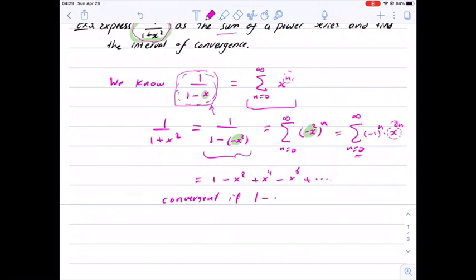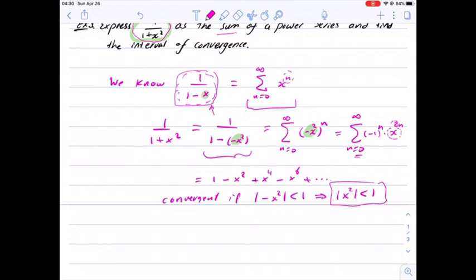The absolute value of negative x squared is less than 1, and that's equivalent to the absolute value of x squared less than 1, and then we try to find an interval where x belongs to. So this series is convergent if this is true.